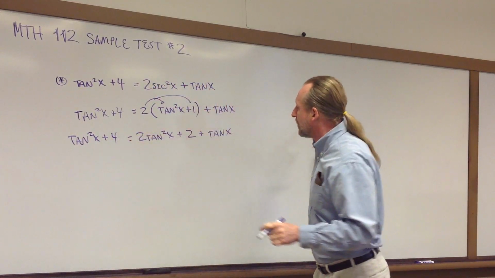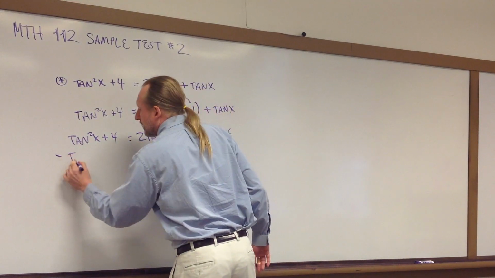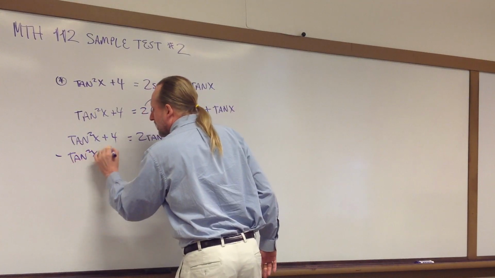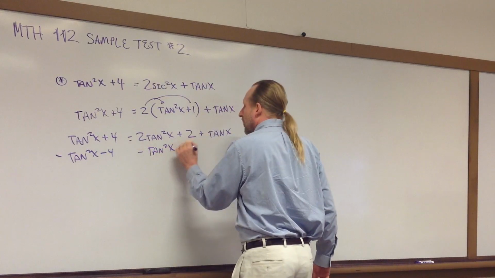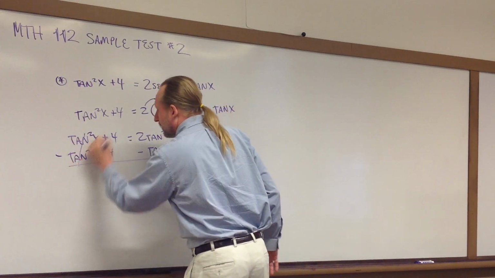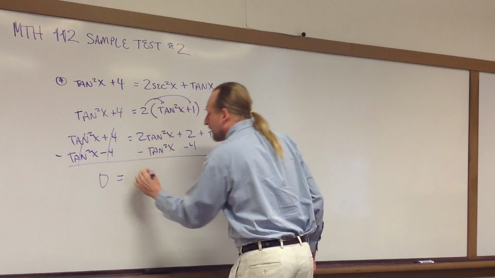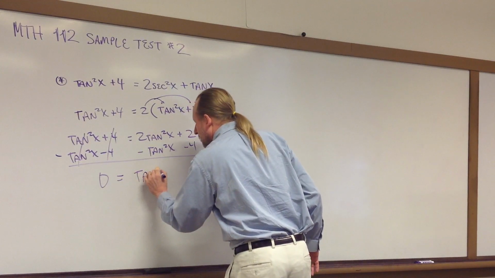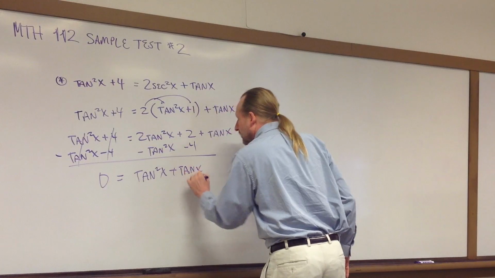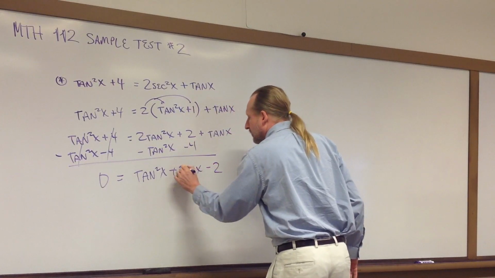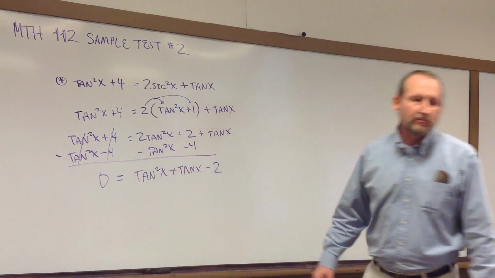So I'm going to move everything over to this side and write this as a quadratic equation in standard form. Okay, so this will be 0. Over here we'll get 1 tangent squared x plus 1 tangent x and then minus 2 equal to 0.